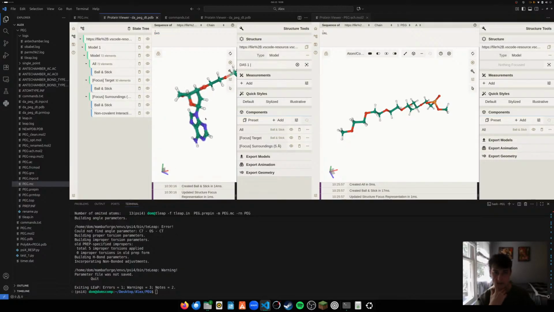Oh, you know what? So this is SP3, but I think it has something to do with, we need to add these here. Hopefully that won't take long to do, but I think that might be the problem.